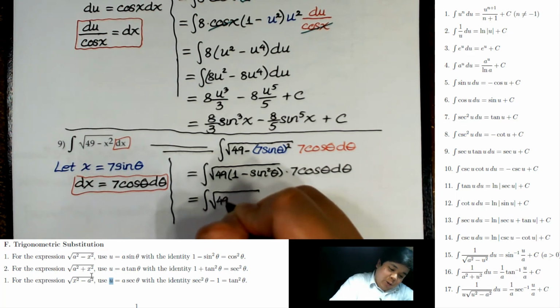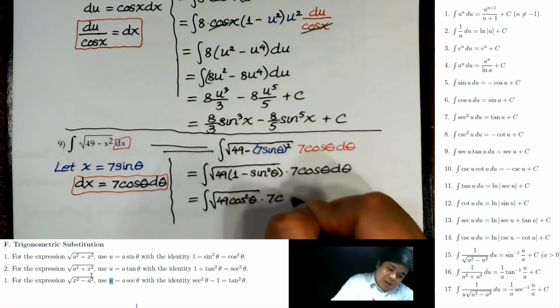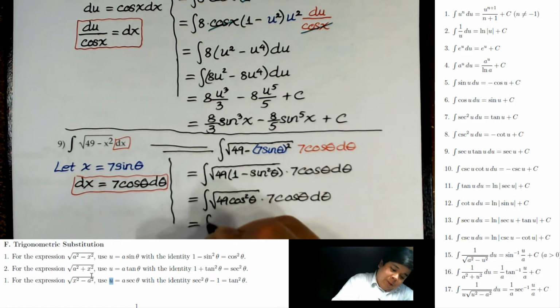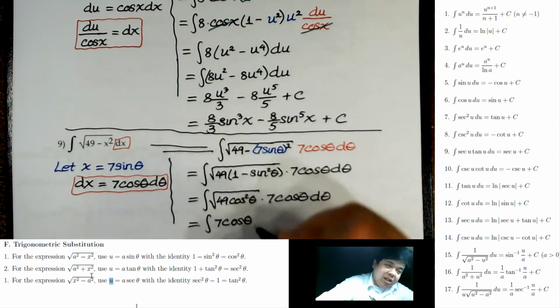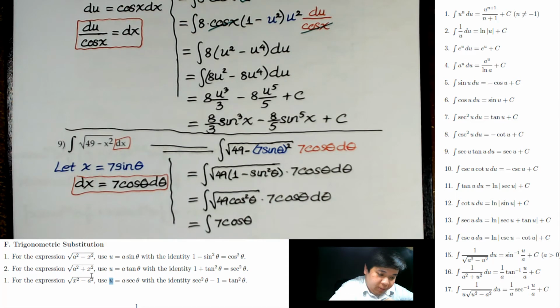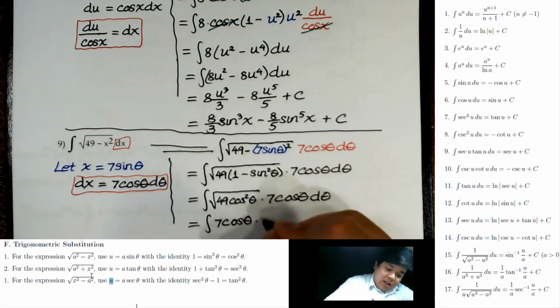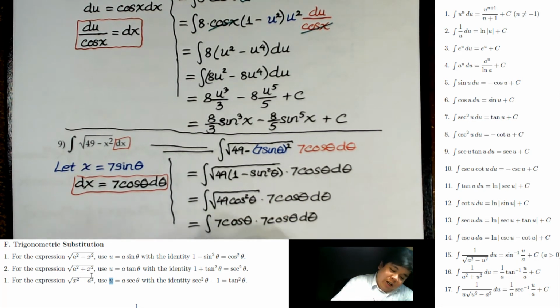So 49 cosine squared, which gives us cosine. In a perfect world, we should have the absolute values here, but I assume that all the conditions are satisfied. It gives us 49.